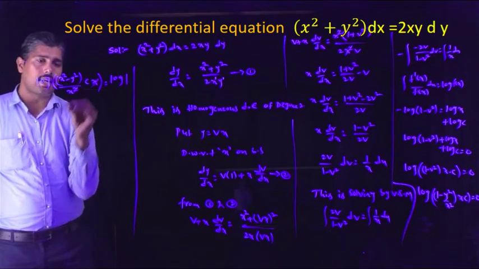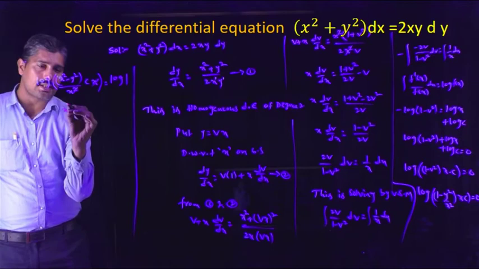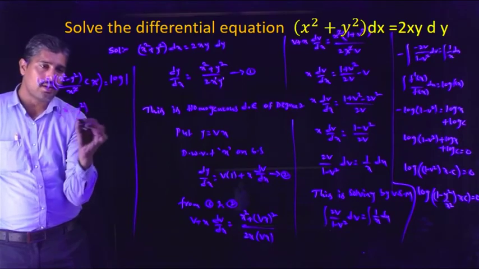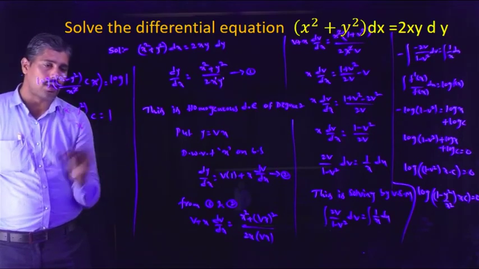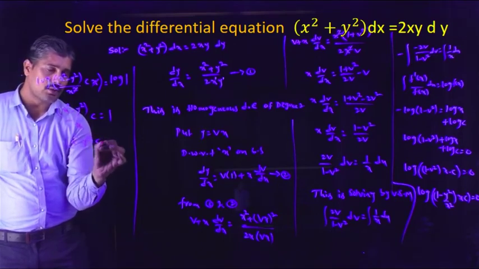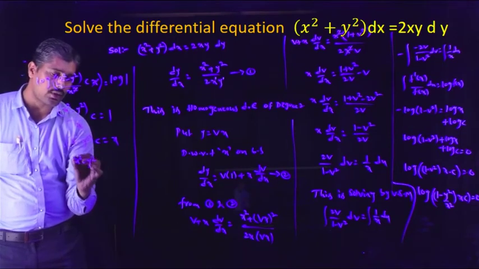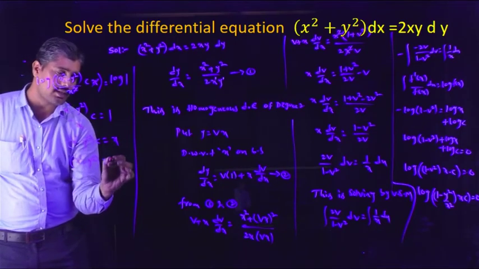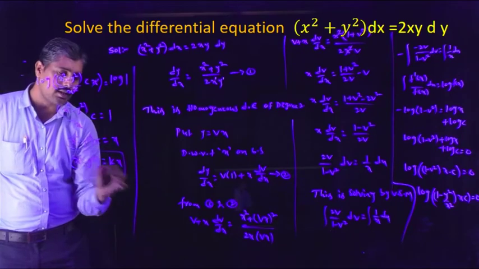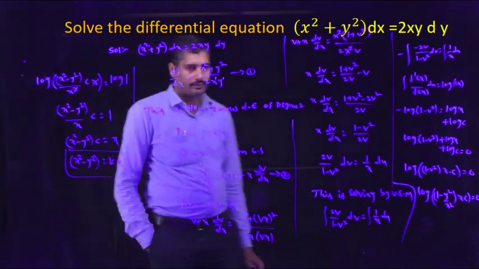Here x cancels, that is remove log on both sides, that is x square minus y square by x into c equal to 1. Therefore x square minus y square into c equal to x. Therefore x square minus y square equal to, we take c to the right side, then we get kx. That is the solution of the given differential equation.